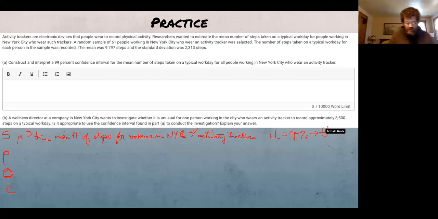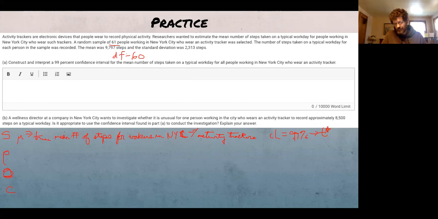Well, I'm going to use technology to figure that out. But notice that our degrees of freedom right here is going to be 60 because we have 61. And notice what AP did right here. This is an AP question. They set it up so that you could have an exact degrees of freedom that matches what's on table B. So if you go there, you'll find this value, 99% confidence level, 60 degrees of freedom.